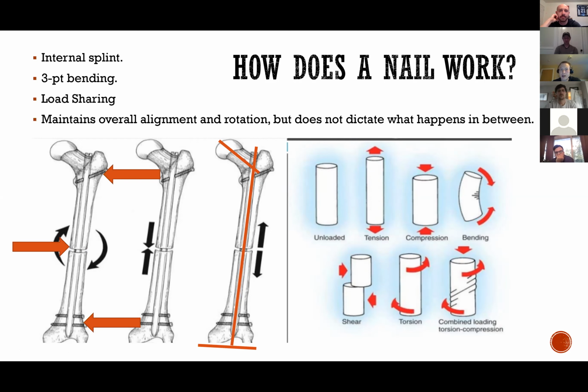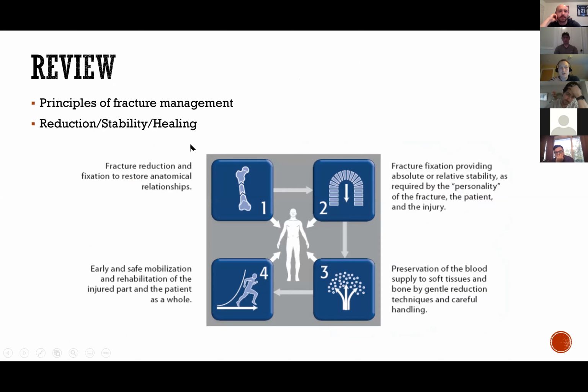So some review of the principles of fracture fixation. We want to reduce a fracture in order to restore anatomic relationships. We want to provide enough stability dependent upon the personality of the fracture, okay? And that goes back to what Jeremy was talking about earlier: for simple fracture lines, we like to compress them and give them very rigid fixation.